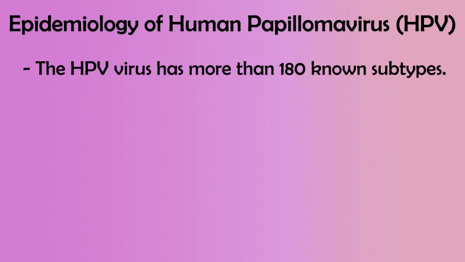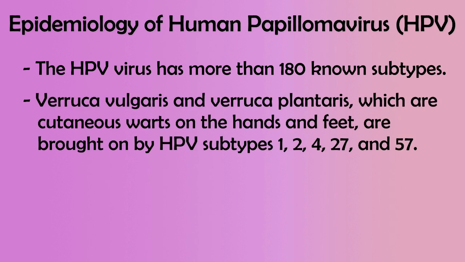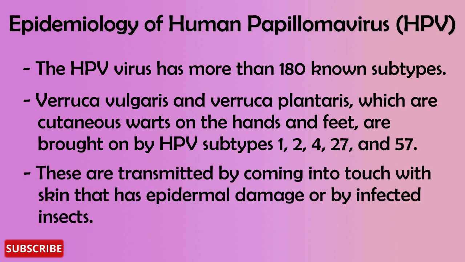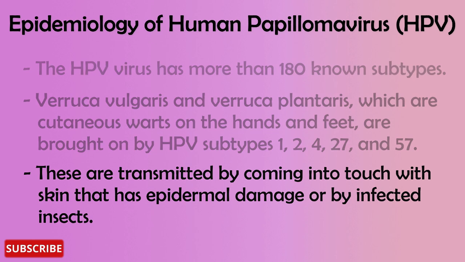Epidemiology. The human papillomavirus has more than 180 known subtypes. Verruca vulgaris and Verruca plantaris, which are cutaneous warts on the hands and feet, are brought by HPV subtypes 1, 2, 4, 24, and 57. These are transmitted by coming into touch with skin that has epidermal damage or by infected insects.